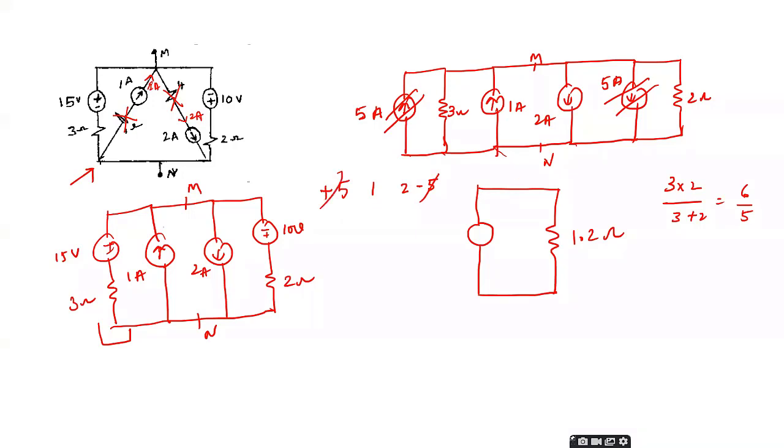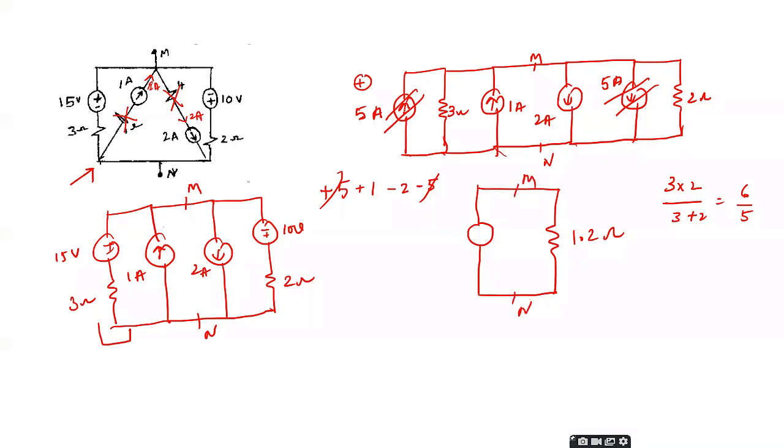So here it is 1, I have taken this as a positive, and this 2 as a negative. The upward direction is taken as positive in this problem, and downward direction values should be taken as negative. Keep that point in your mind.